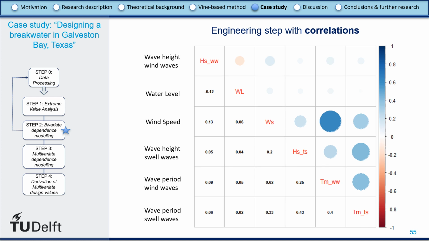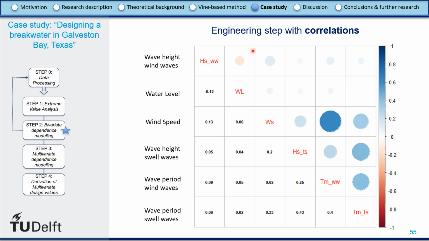This figure, for example, presents the bivariate correlations between all the pairs of variables, and it's a pretty visual figure where engineers can quickly assess the intensity of these correlations. For example, the largest correlation occurs between the wind speed and the wave period of wind waves, and it is positive because it's depicted in blue. Here we find a negative correlation between the water level and the wave height of wind waves.